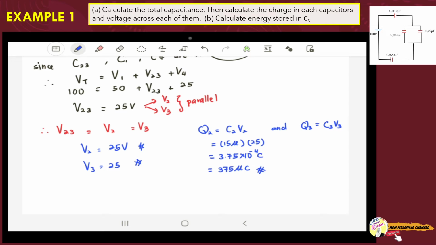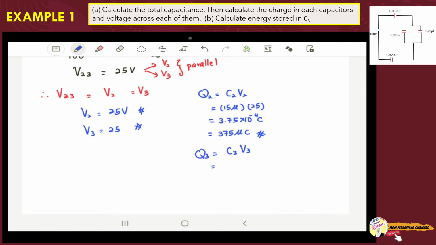And how about Q3? Tak muat kat sini, saya nak tulis kat bawah lah. So Q3 is equal to C3V3, and C3 is equal to 5 micro. Masa tekan calculator pun mesti tekan power. So V3 is equal to 25.